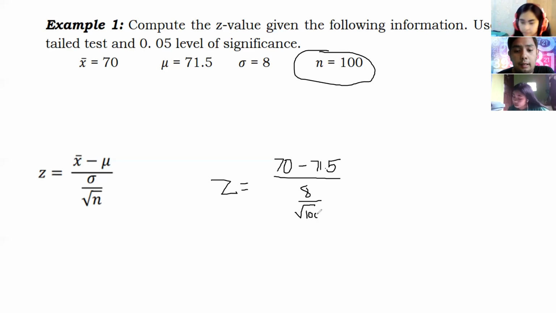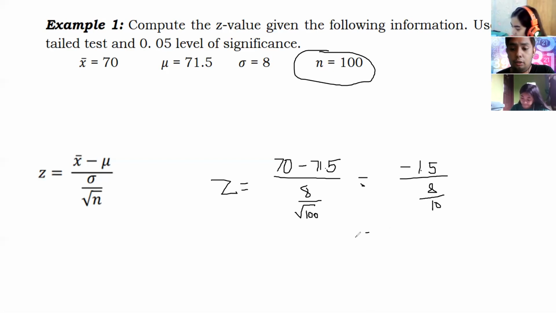It will be better if unahin natin yung taas at saka yung ilalim, separately. So this will be 70 minus 71.5, that will be negative 1.5. Then over 8 over the square root of 100, that will be 10.